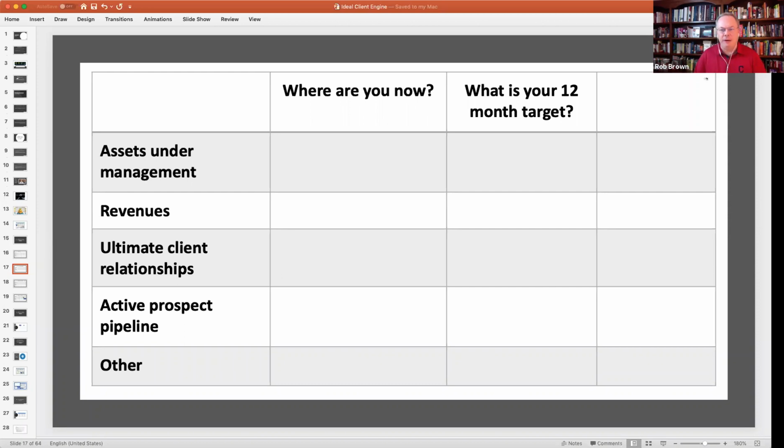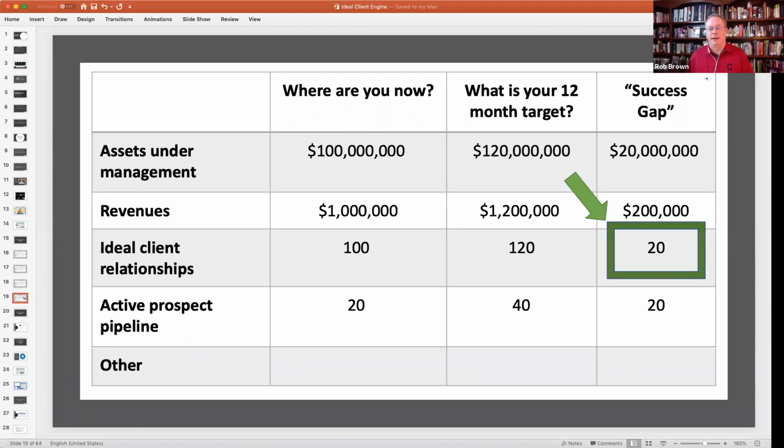You have to have very specific goals, and you can't be afraid to set goals. So write that down next to each category. And then finally, the last thing that I want you to look at is your success gap. And that's simply the difference between where you are now and where you would like to be.